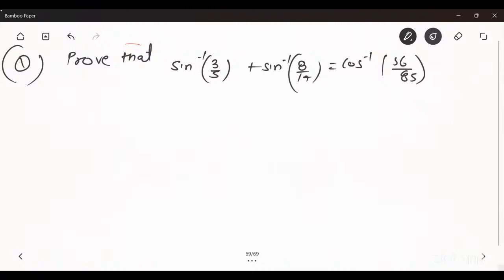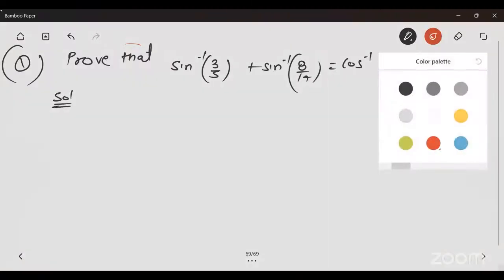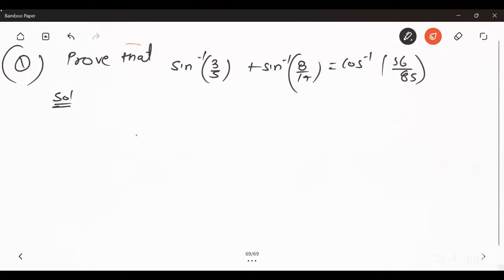Okay, solution. Now we have given that, let me take sine inverse 3 upon 5 as A.